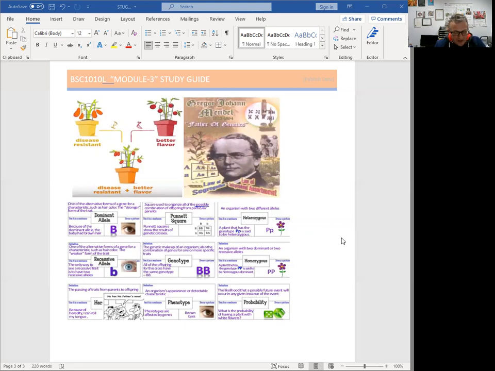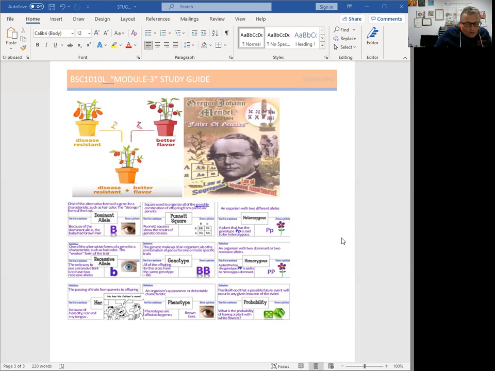A test cross is a test to reveal an unknown genotype. If you have an unknown plant and want to find out its genotype, you cross it with a homozygous recessive of that phenotype and look at the F1 results.